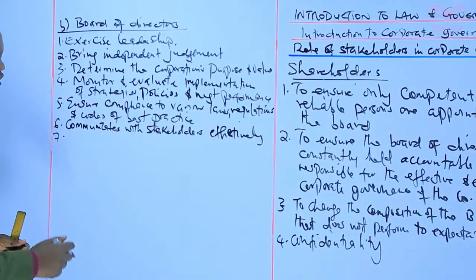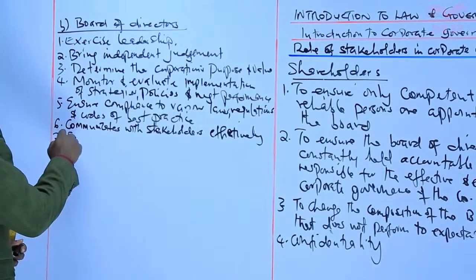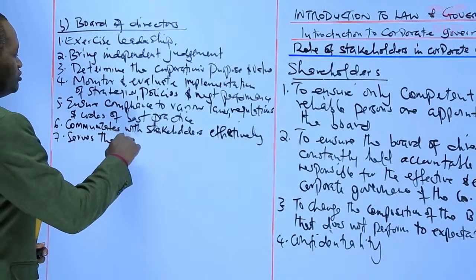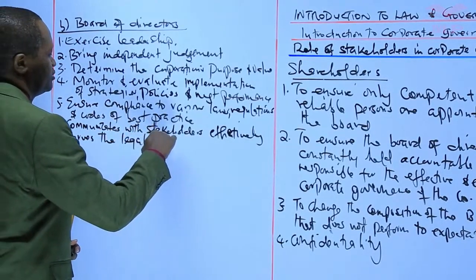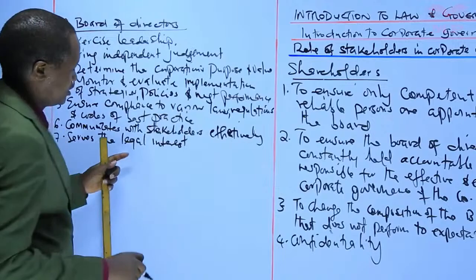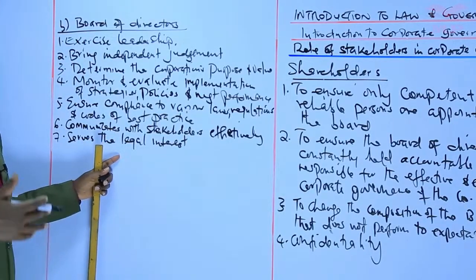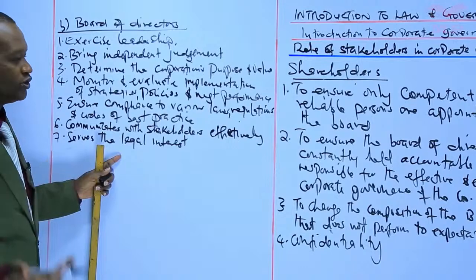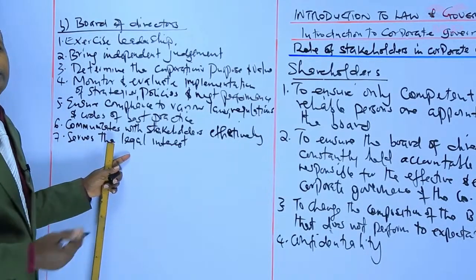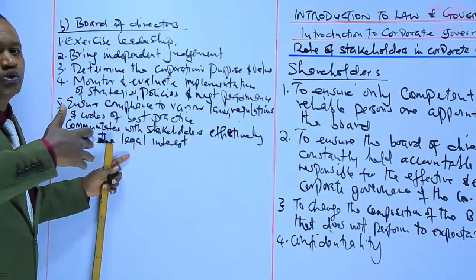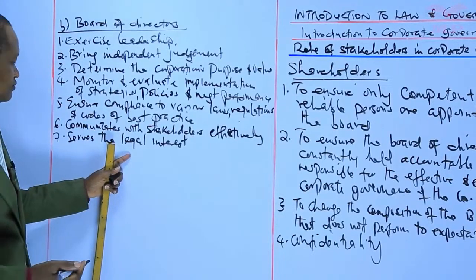Number 7, the board of directors serves the legal interests of the shareholders. That's another role of the board of directors, to serve the legal or the legitimate interest of the shareholders and the corporation, and also to account to them fully.